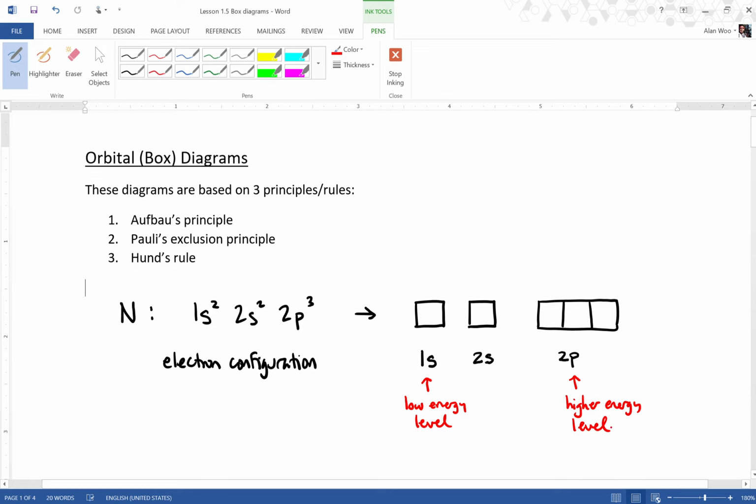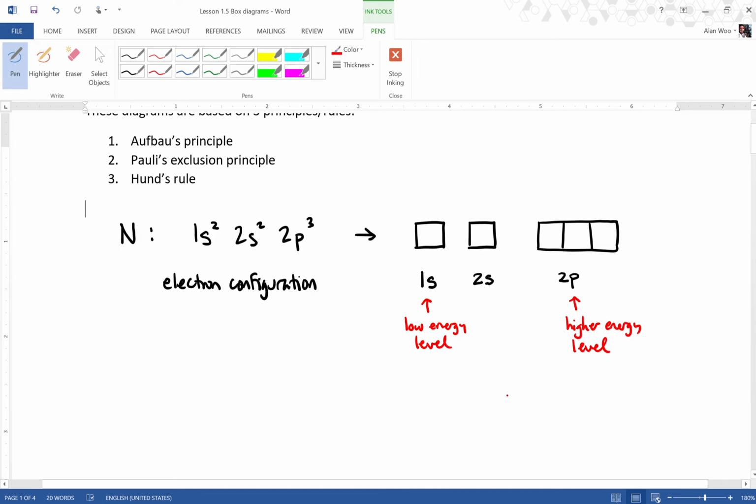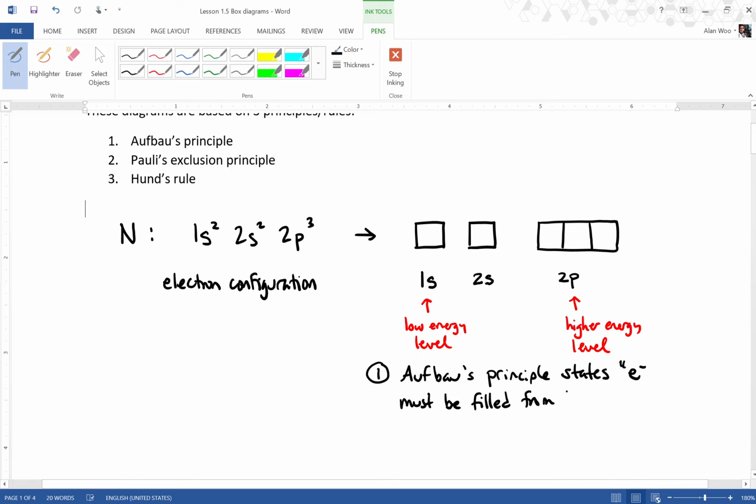This way of organizing our orbitals is basically Aufbau's principle. The Aufbau principle states electrons must be filled from low energy orbitals to high energy orbitals.